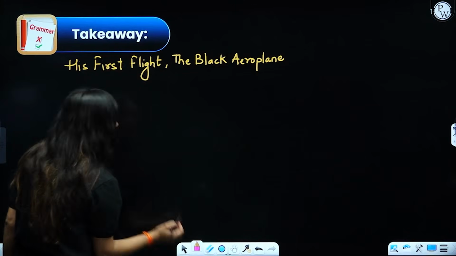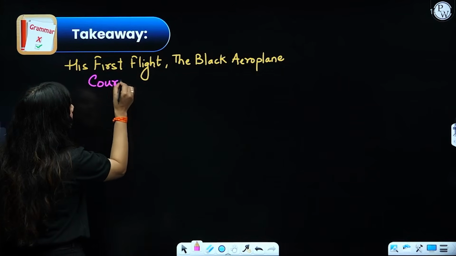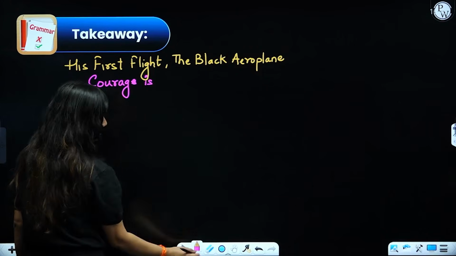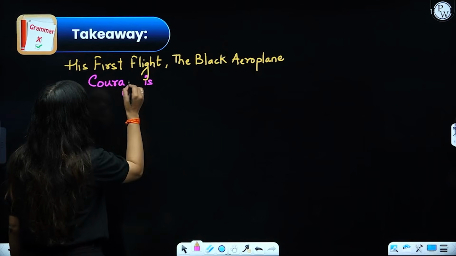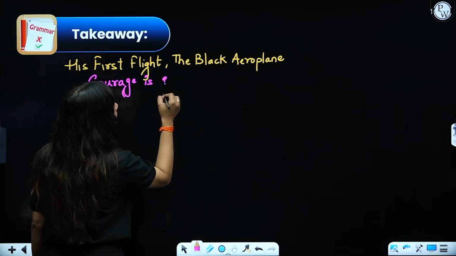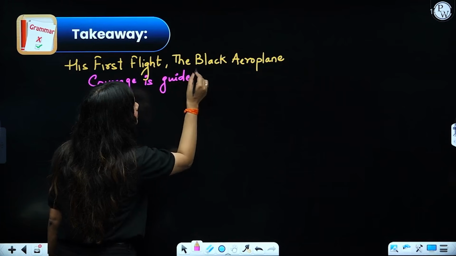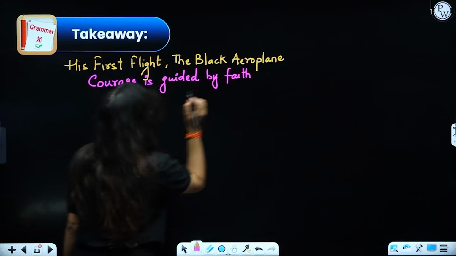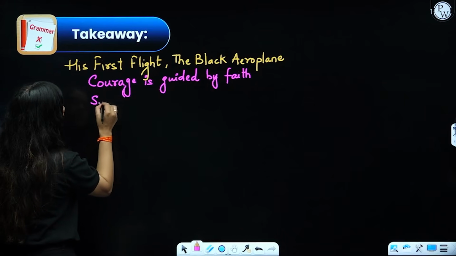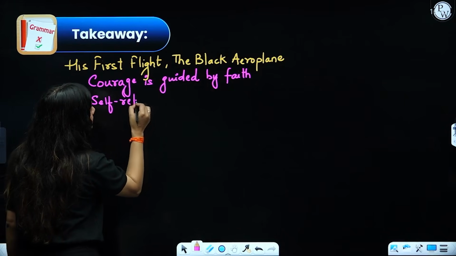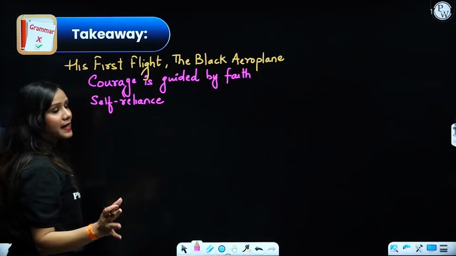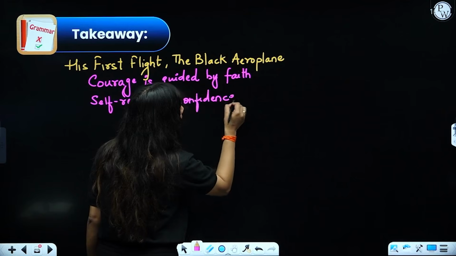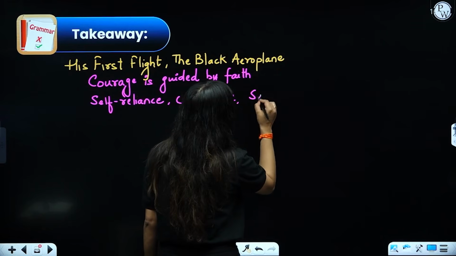You should understand courage. We should be self-reliant. We should be confident. And a feeling of self-belief should be there.